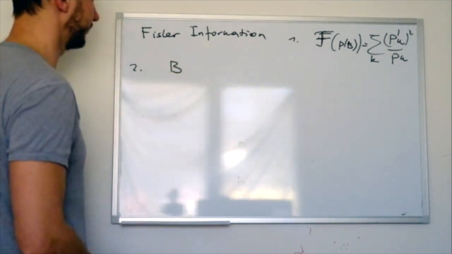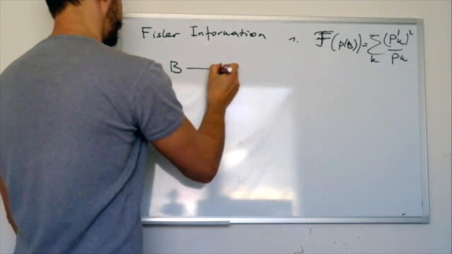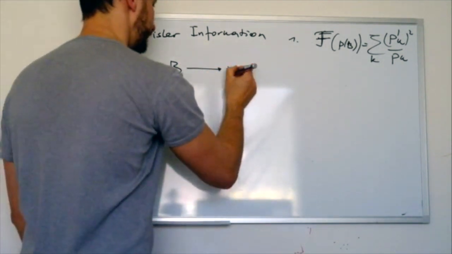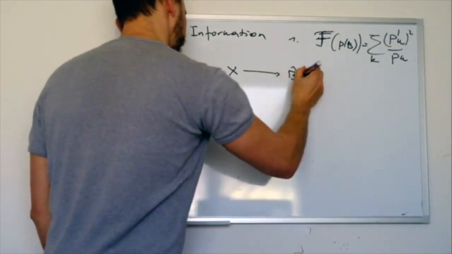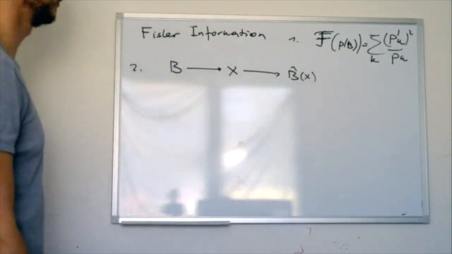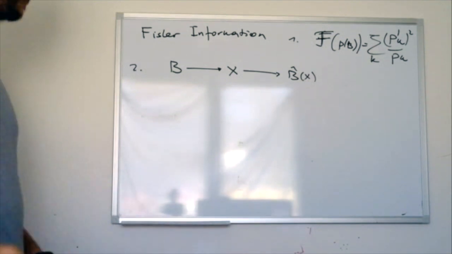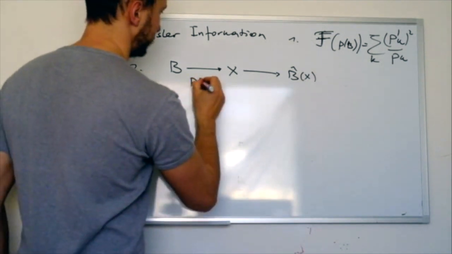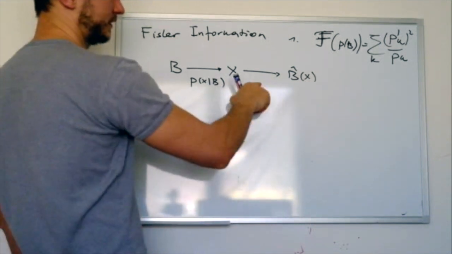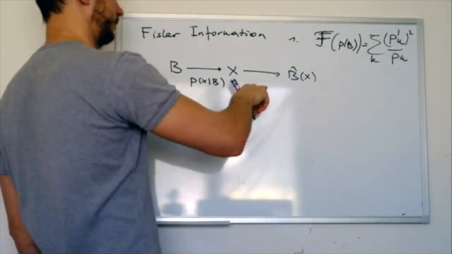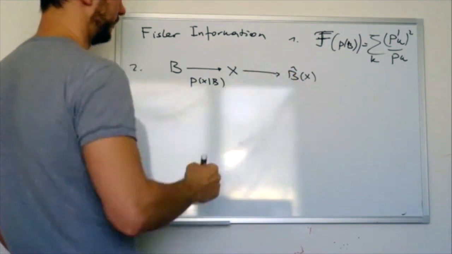We have our parameter b, which gives us an outcome x, the outcome of the measurement, and the outcome of the measurement gives us an estimator of the field b. Here we know precisely this function. This is our model. And we also construct the estimator function, so that it's a good estimator.